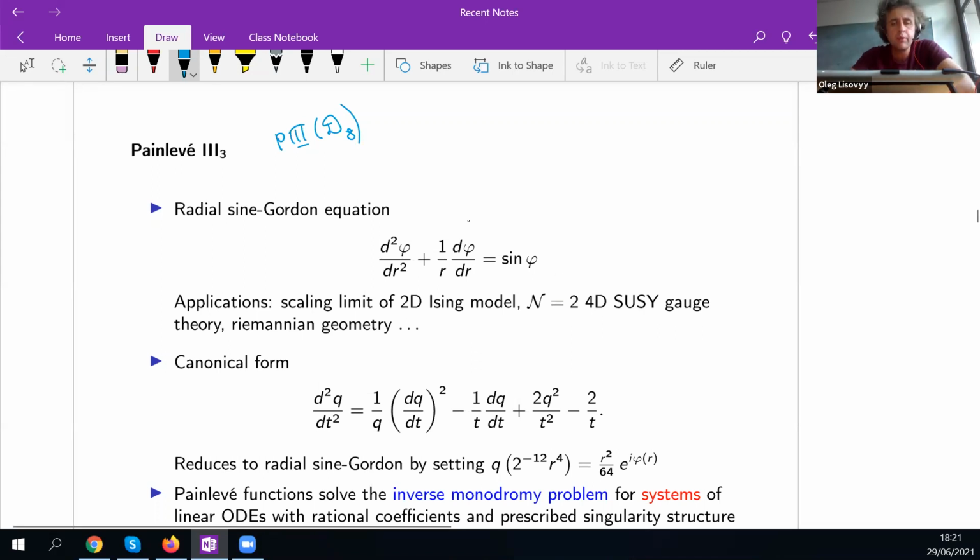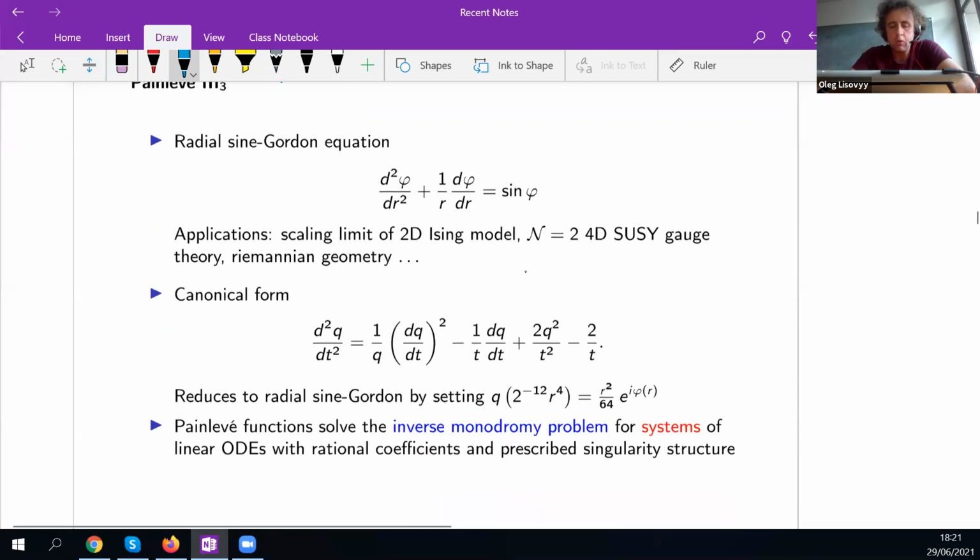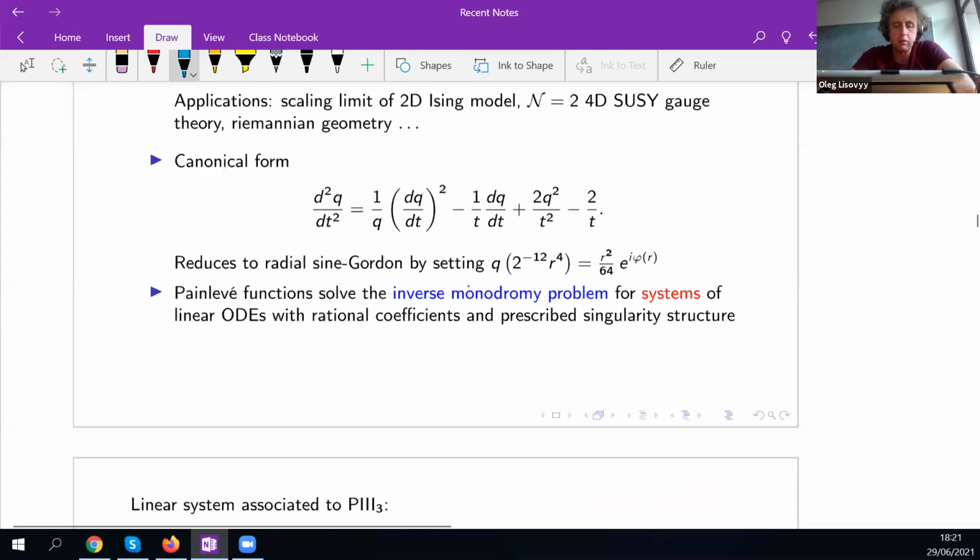So it usually appears in applications in the form of this radial sine-Gordon, or well, there is also this canonical form, which is how Painlevé 3 appeared in the classical works of Painlevé and his students at the beginning of the 20th century.